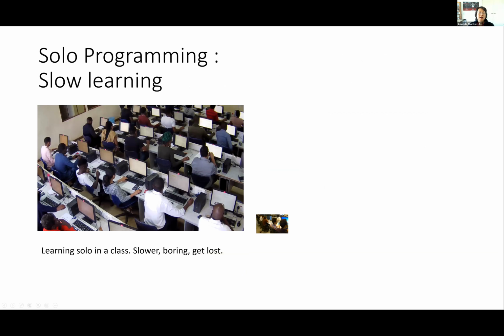So the technique that we use comes from computer programming. In the past, and still in many learning and teaching settings, you learn solo in a class. Everybody's got their own computer screen and you're learning in parallel, but you're not talking to each other. It is slow, it's boring, and people get lost.